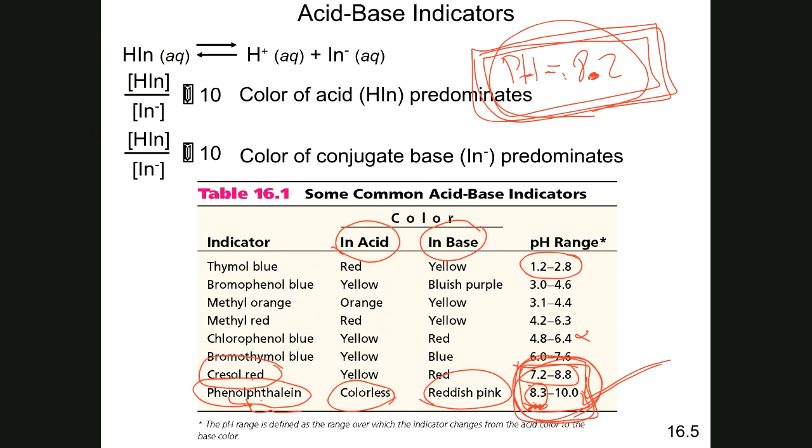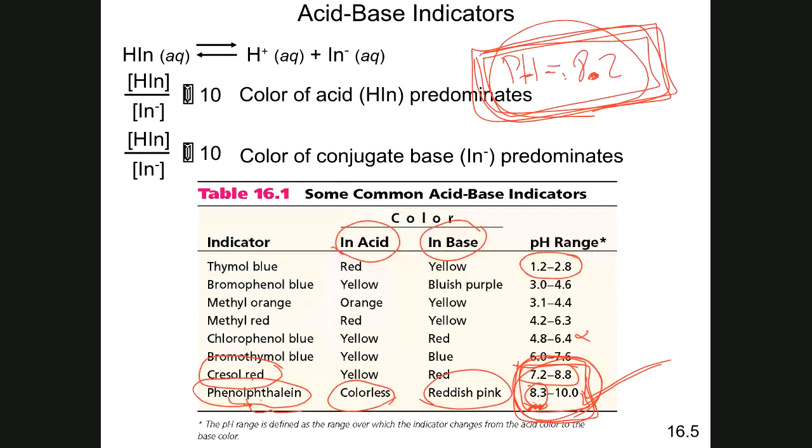So if you have to choose it, you have to look at the pH of the color change of the indicator and the equivalence point for the titration. If you are using a strong base, at the equivalence point the pH is going to be higher than 7.